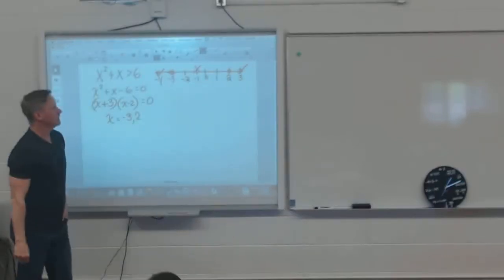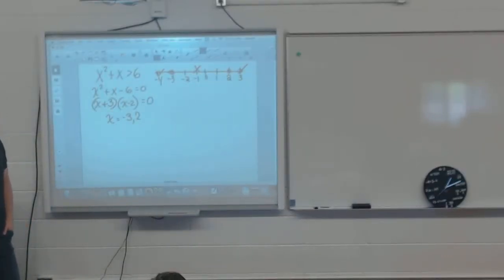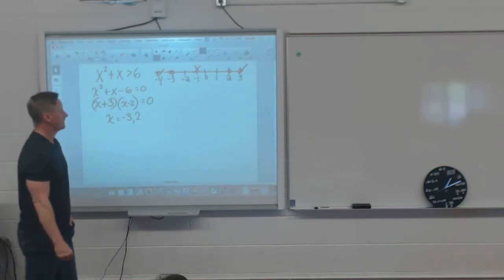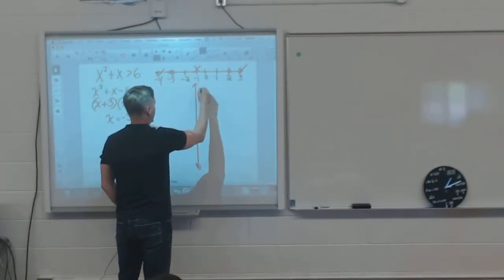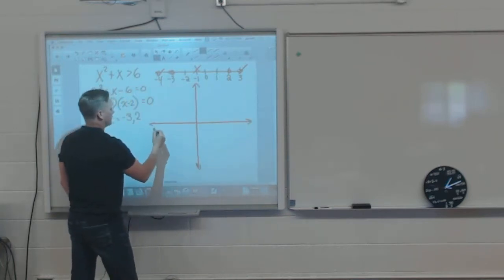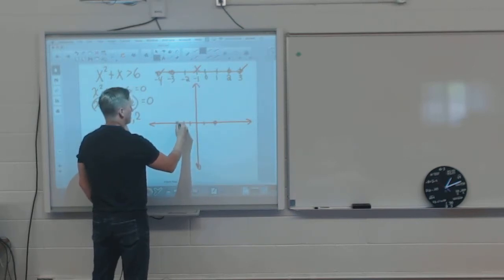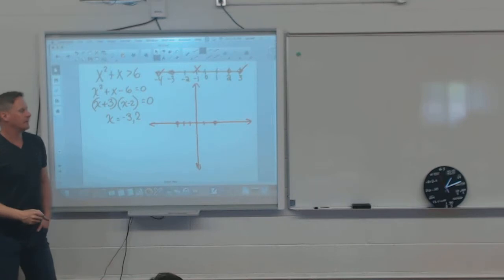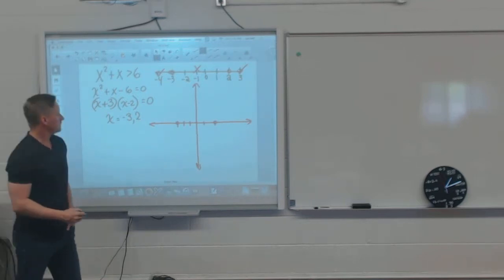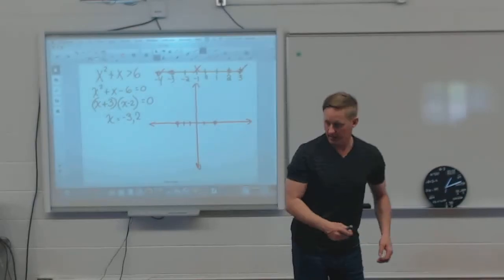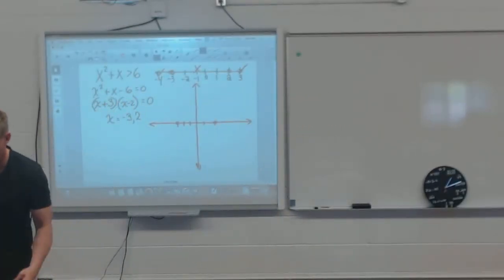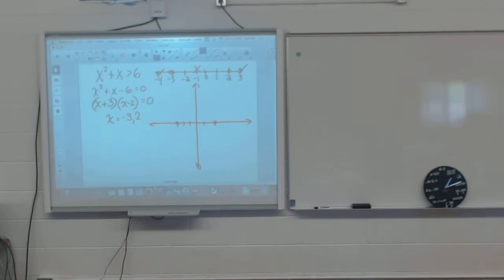All right. So now I need to graph this equation and shade. I should find out what my vertex is. Doesn't say anything about technology, so I'm going to do it.